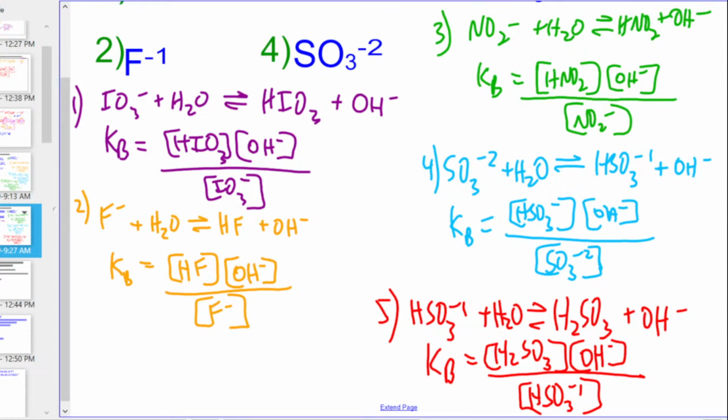Because remember when we did KEQs, we didn't put solids in? We also didn't put liquids in. That was a rarer case, but yeah. And if there's H2O on both sides, we have to write it down. In an acid-base equation, there won't be H2O on both sides. However, if you ever have a KEQ where there's a liquid on both sides, then you have to put them both in.